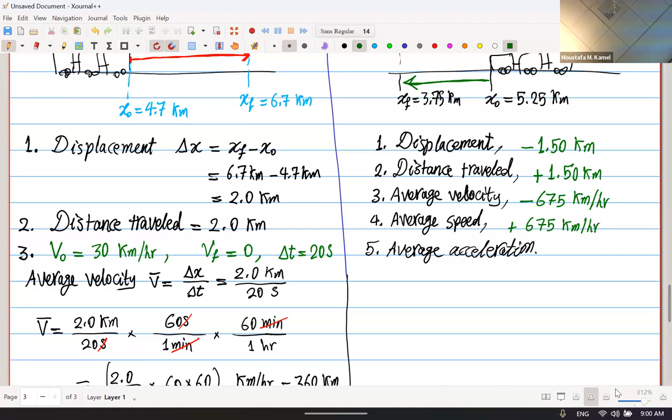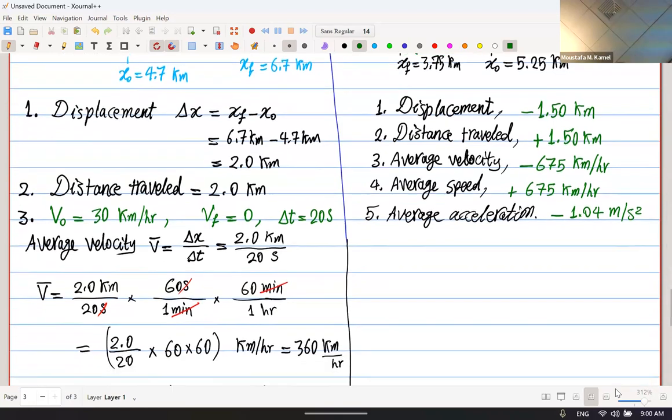And finally, average acceleration was negative 1.04 meter per second squared. Okay, so even though the acceleration is negative in this case, the train starts from rest and speeds up. Okay, so this all makes sense now.